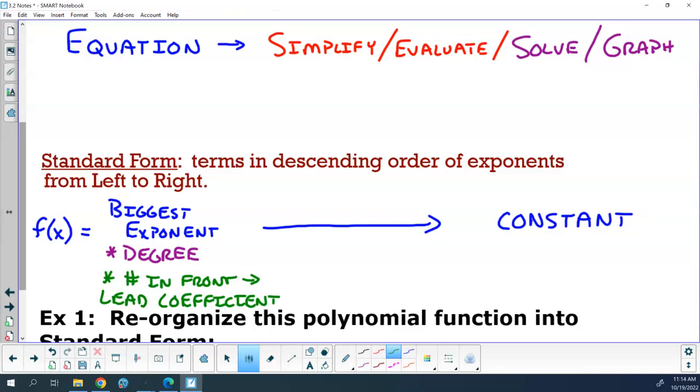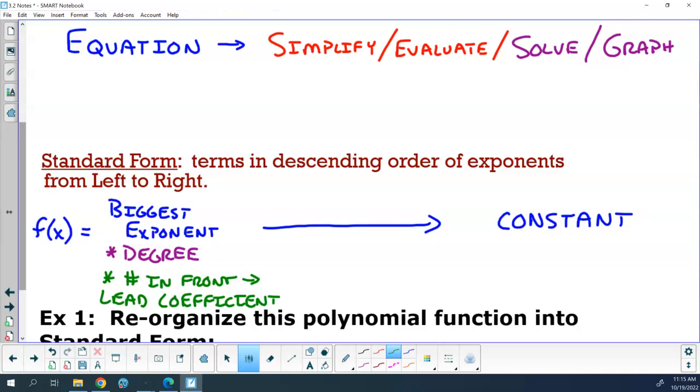And the lead coefficient will tell you some things too. We'll get into that. So that first term, that's the reason that we put that biggest exponented term first, because it gives us the lead coefficient and it gives us the degree right then and there.